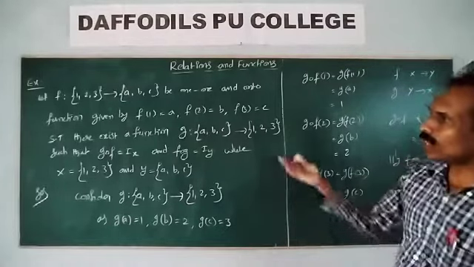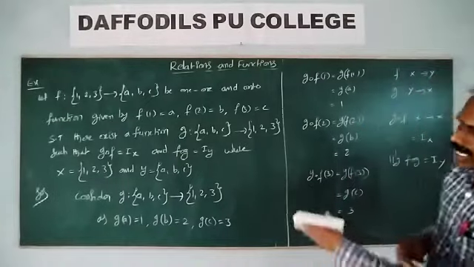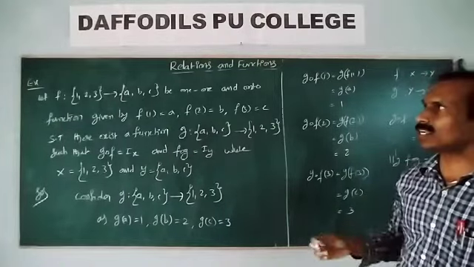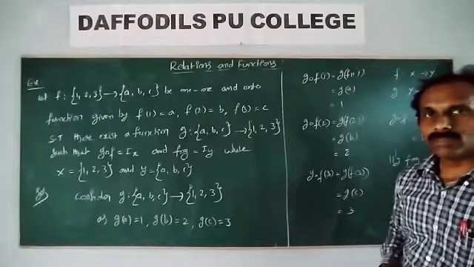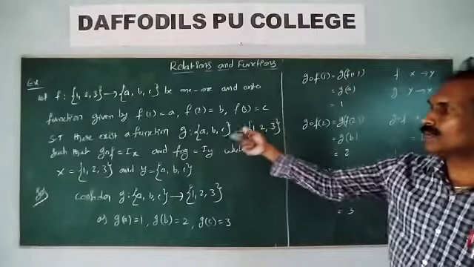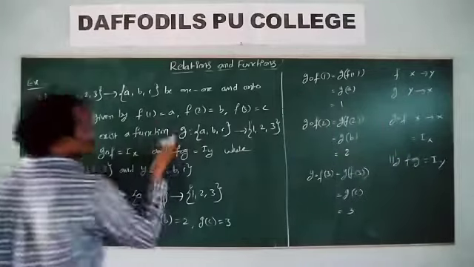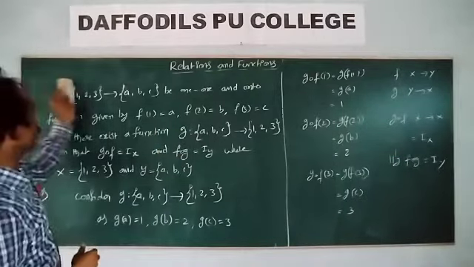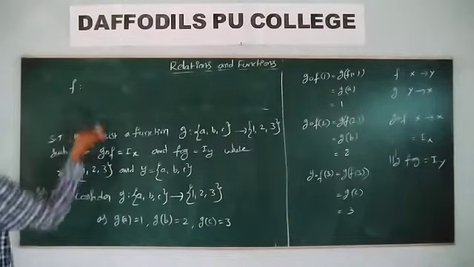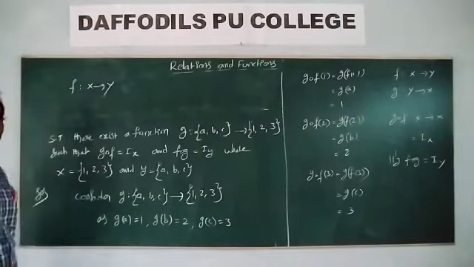So what to understand from the above example: f maps X to Y is clearly one-one and onto, an arbitrary one-one and onto function, and there exists one more function g from Y to X. Even the converse is also true.